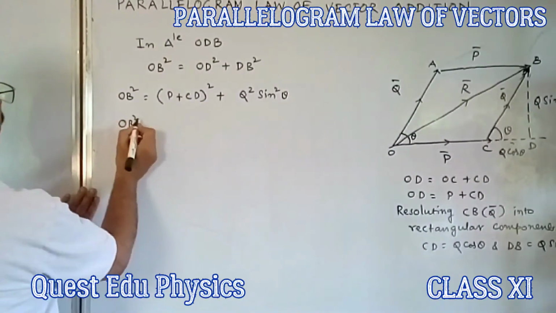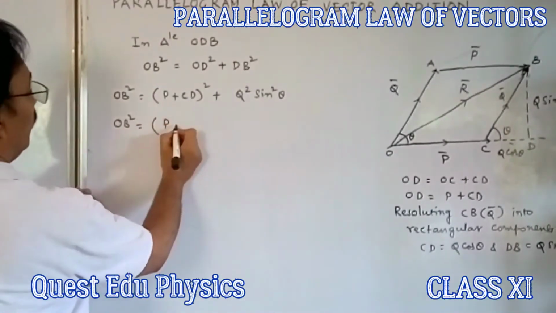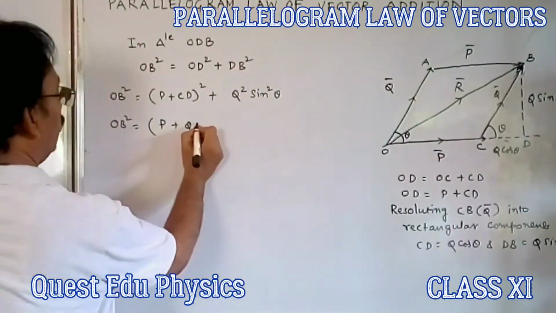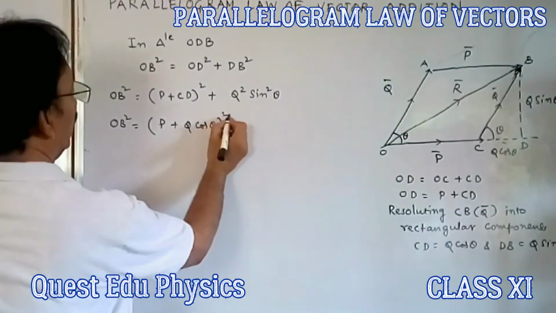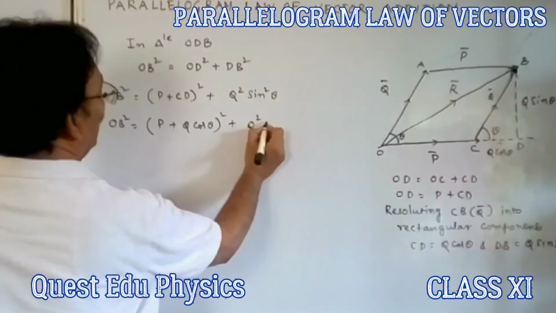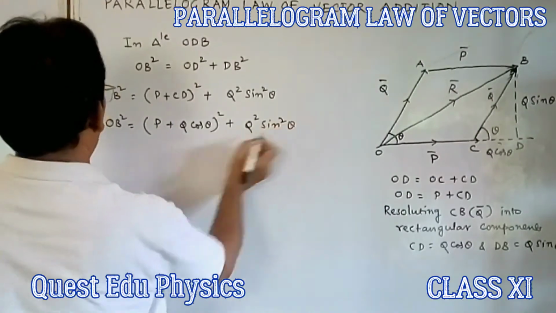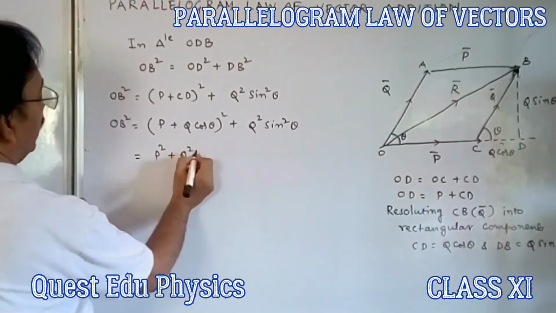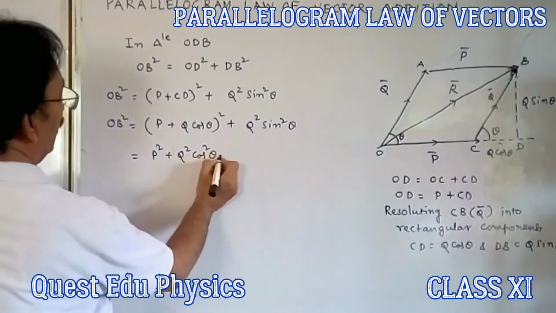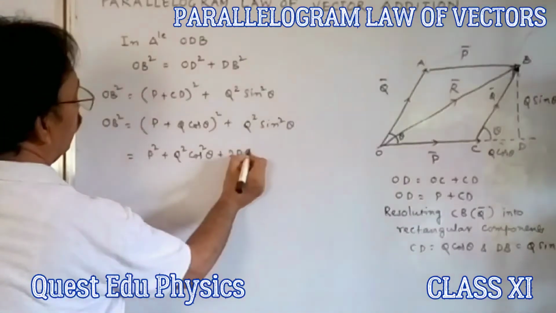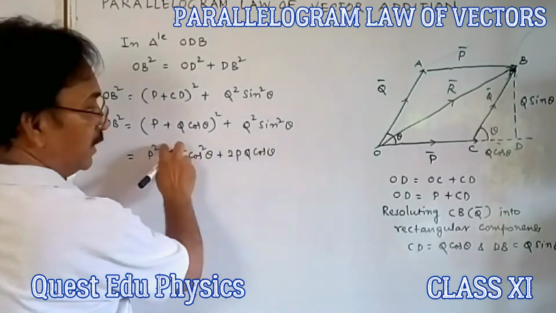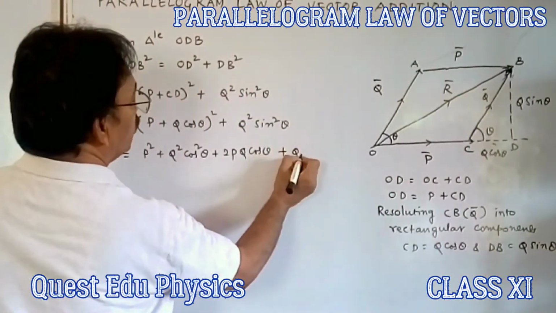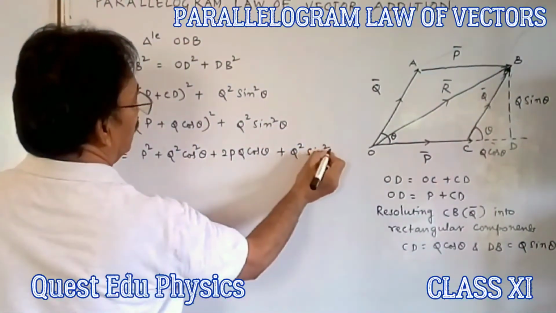By putting all the values here, it is P plus CD. We got CD as Q cos theta. So, P plus Q cos theta whole square plus Q square sin square theta. It can also be written as P square plus Q square cos square theta plus 2PQ cos theta, because it is in A plus B whole square form, plus Q square sin square theta.